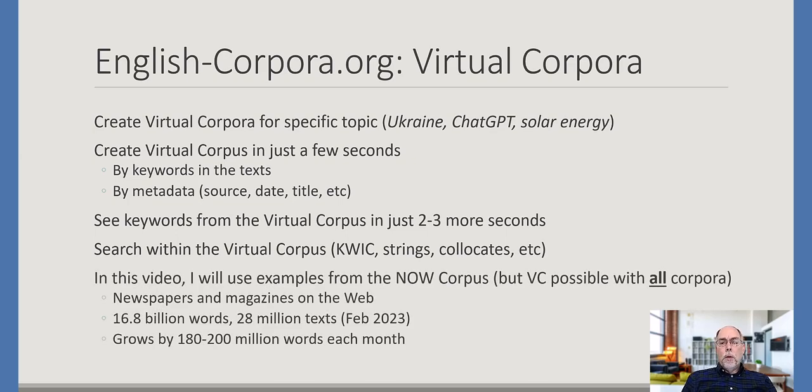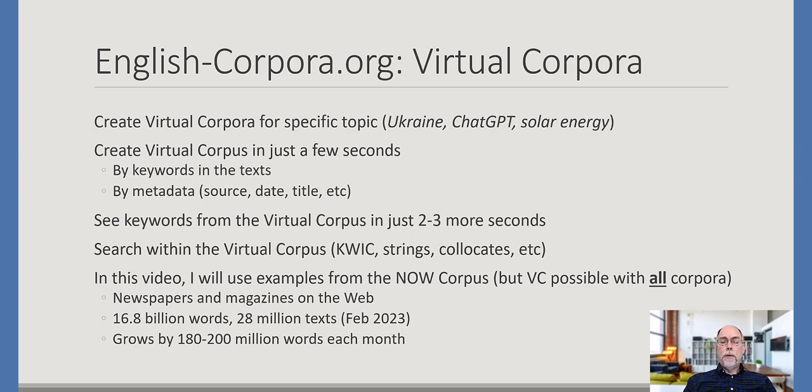In this video, I'll use examples from just the Now corpus, but it's important to realize that Virtual Corpora can be created in all of the corpora from englishcorpora.org. The Now corpus is composed of articles from newspapers and magazines on the web.